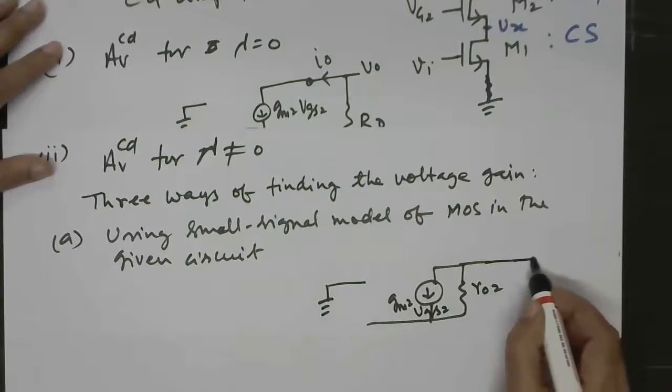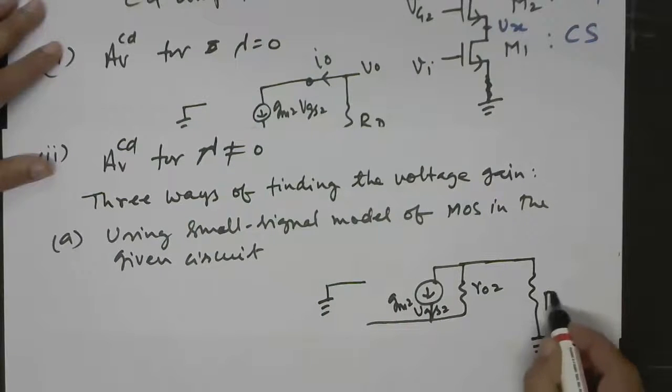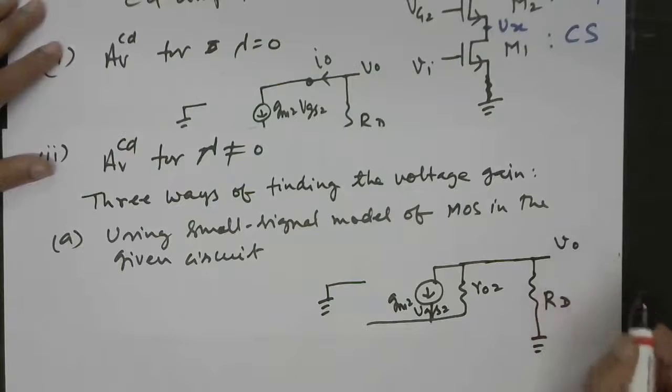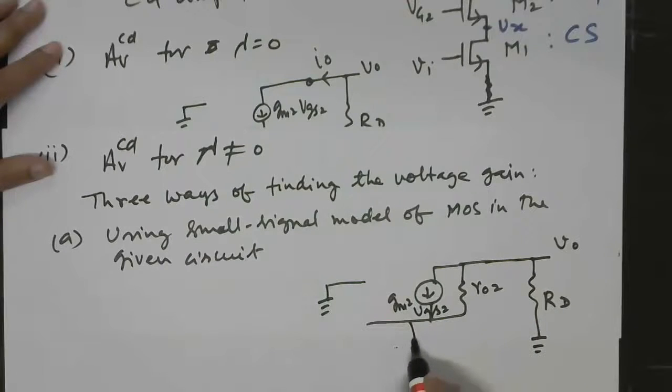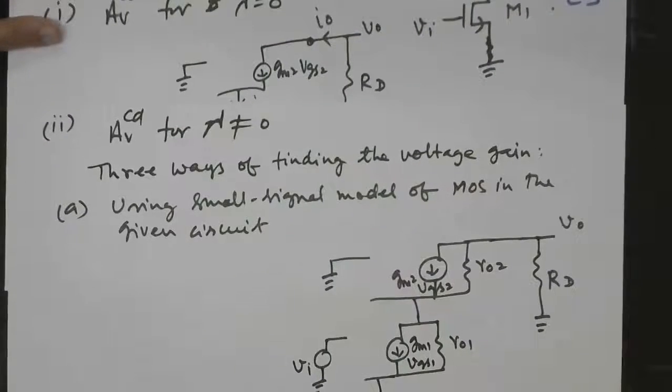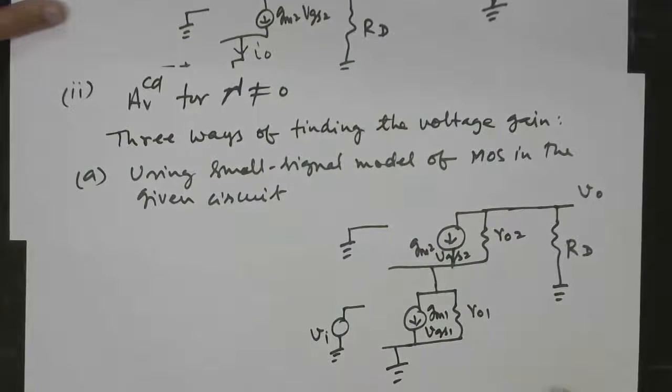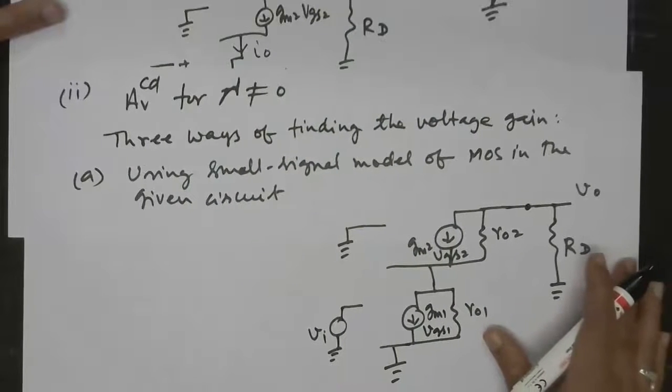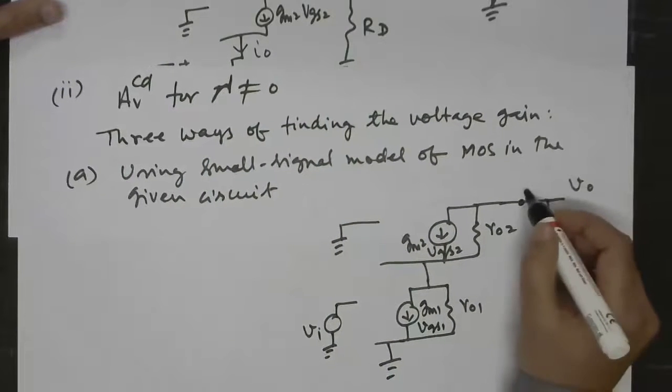This is MOS 2. And this is MOS 1. Right. So here we can set up the KCL at these nodes, say D2.